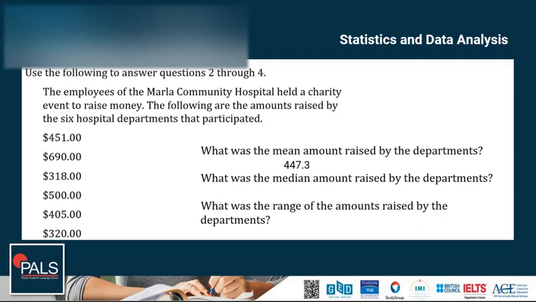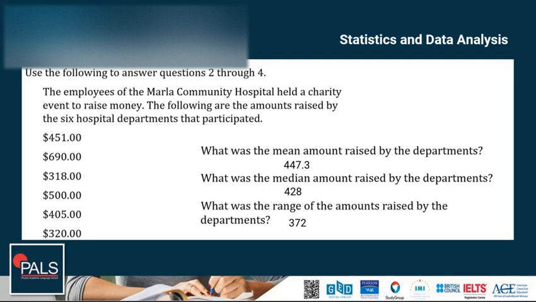Arrange the data in order, then choose the middle, and the middle part is 428. The middle numbers are 405 and 451, and the average of those two numbers is the median, which is 428.